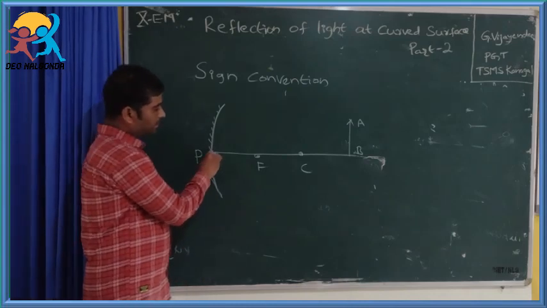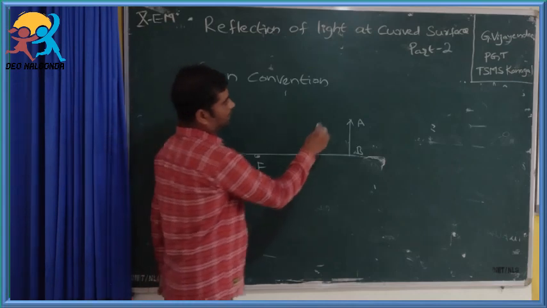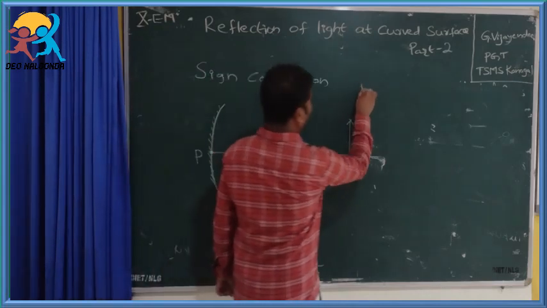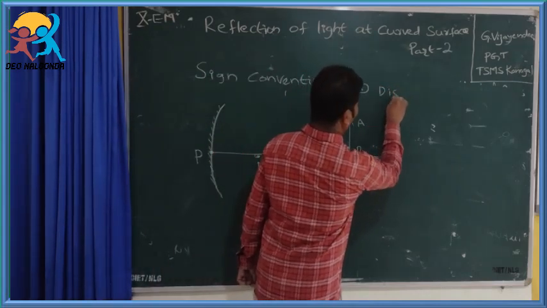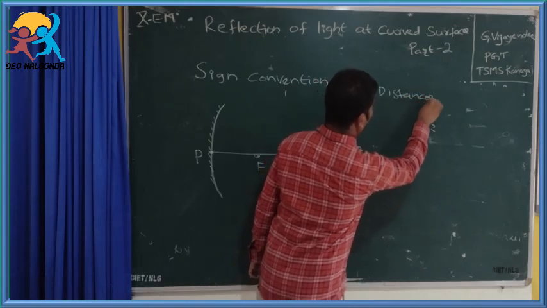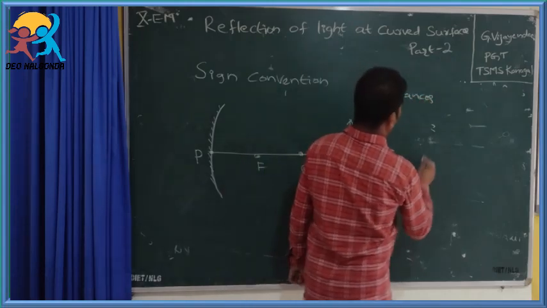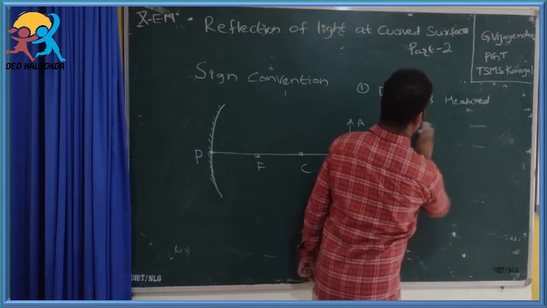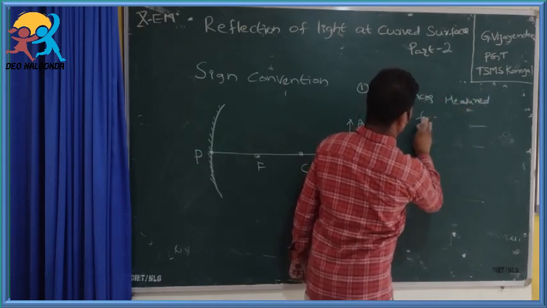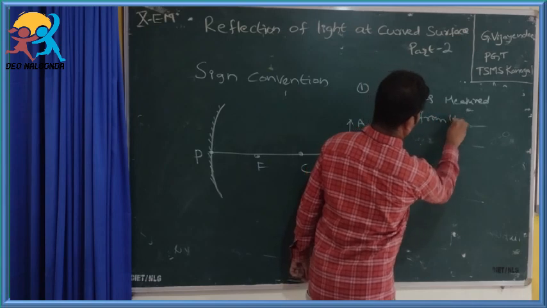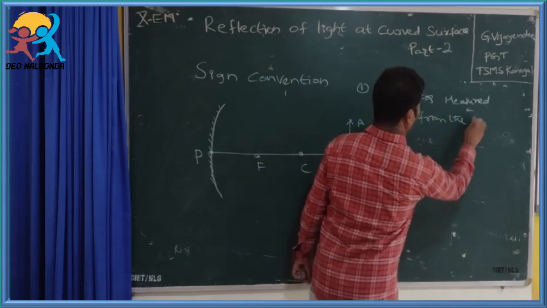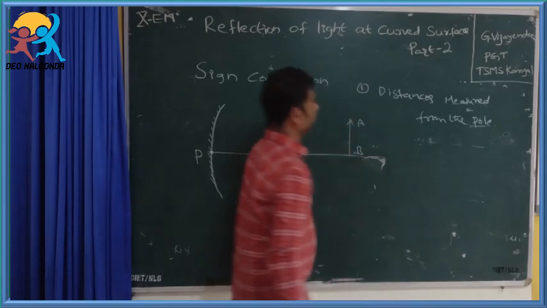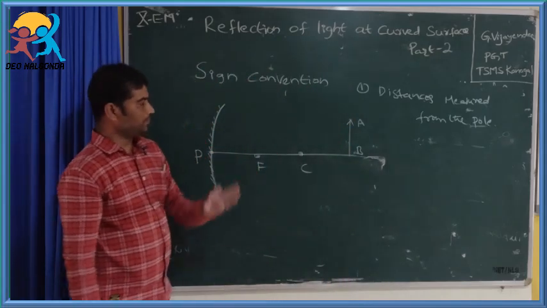First point in sign convention: all distances are measured from the pole of the mirror.